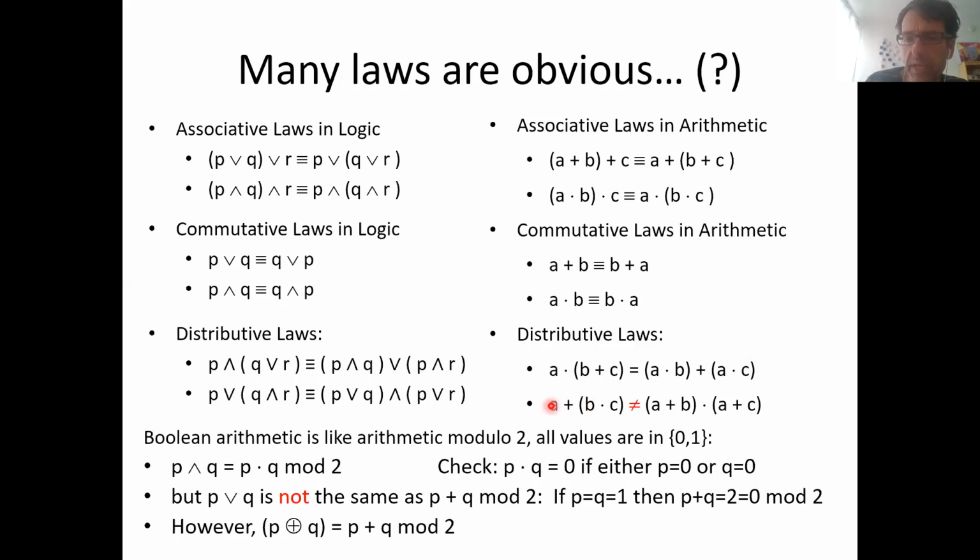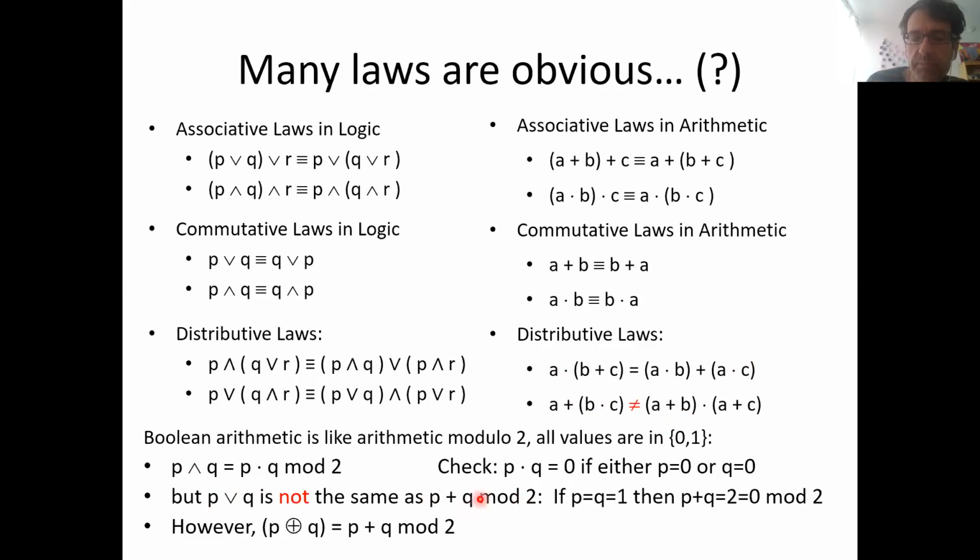I mean, maybe there are some a, b, c which satisfy it, but it's definitely not true for all a, b, c. And in that sense, it's not a law, right? It doesn't hold over all integers. So why is that? Well, you can think of this, that basically the conjunction is like a product, but disjunction is not a sum.